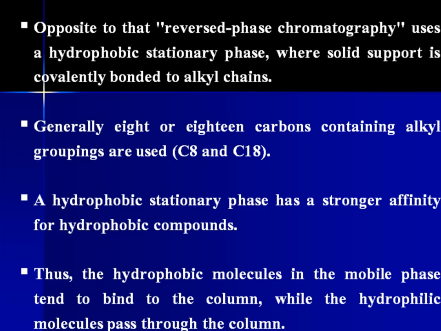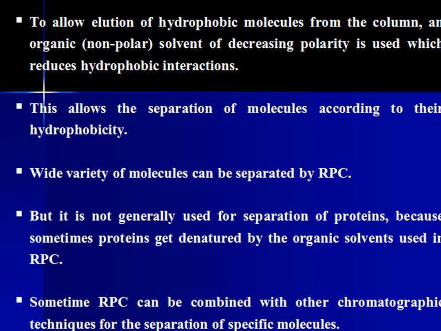Thus, the hydrophobic molecules in the mobile phase tend to bind to the column while the hydrophilic molecules pass through the column. To allow elution of hydrophobic molecules from the column, an organic solvent of decreasing polarity is used, which reduces hydrophobic interactions. This allows the separation of molecules according to their hydrophobicity.